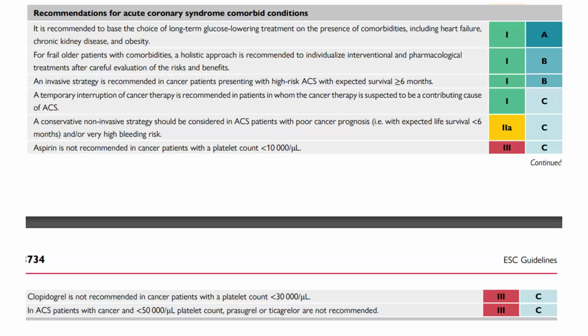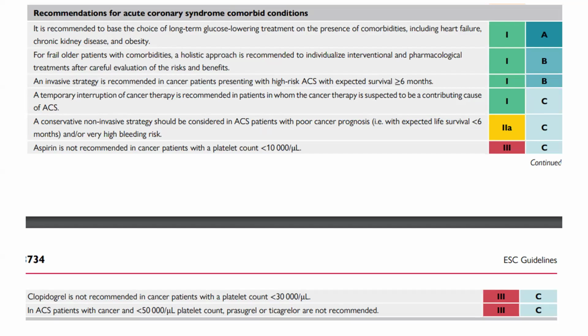Now, with respect to comorbid conditions in the context of acute coronary syndrome, it is recommended to base the choice of long-term glucose-lowering treatment on the presence of comorbidities, including heart failure, CKD, and obesity, which I think is something that we are already doing based on the recommendations for the management of diabetes with glucose-lowering medications, where we are looking at the presence of high atherosclerotic cardiovascular disease risk or established ASCVD, and also the presence or absence of CKD.